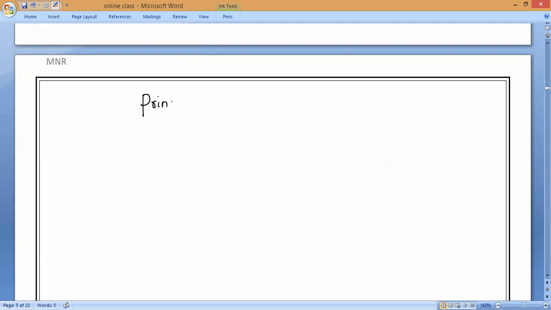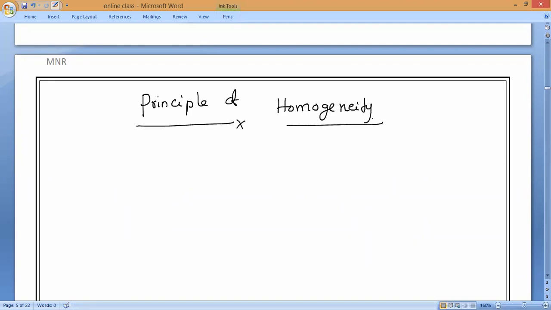So we are going to make a rule called the principle of homogeneity. Write it fast. NEET and JEE, definitely one or two questions will come from these concepts. The dimensions of each term in an equation must be the same. What do you mean by principle of homogeneity?